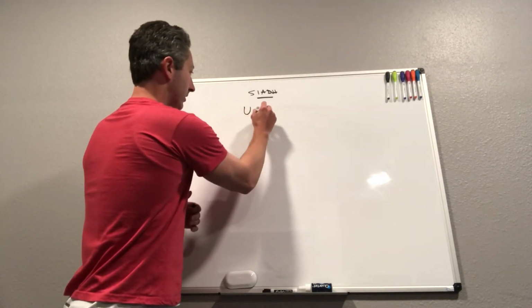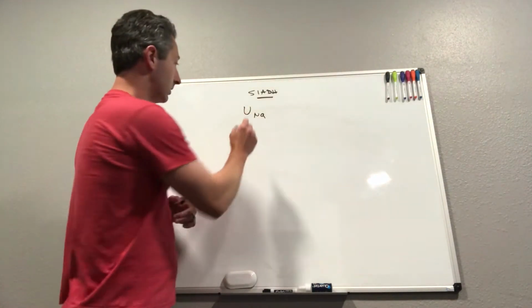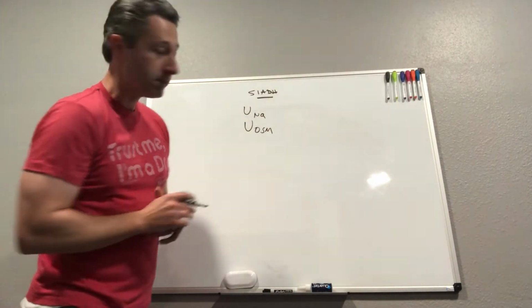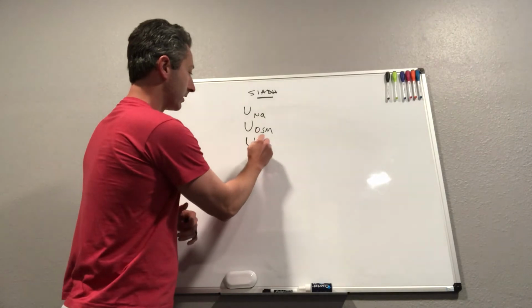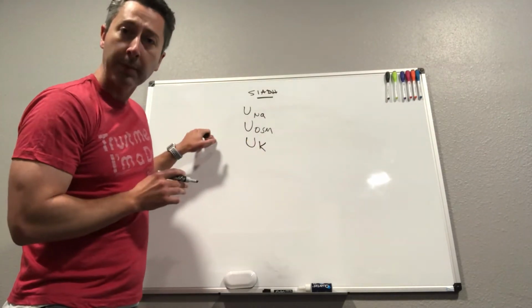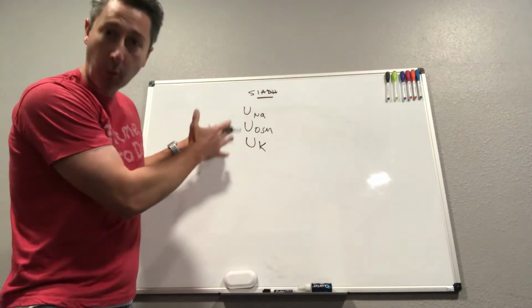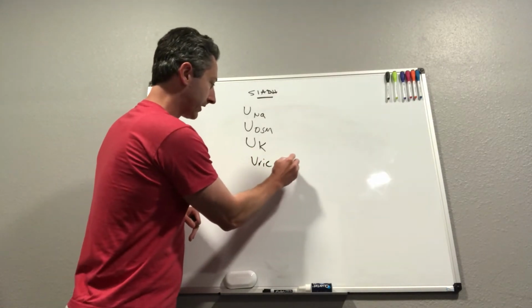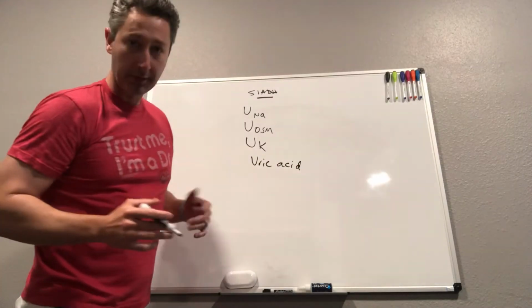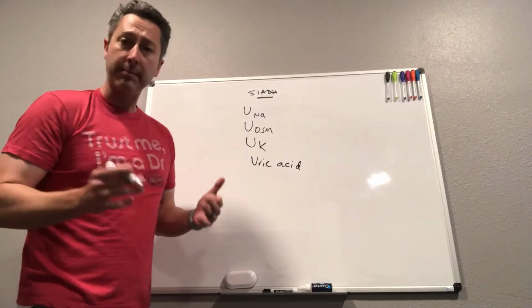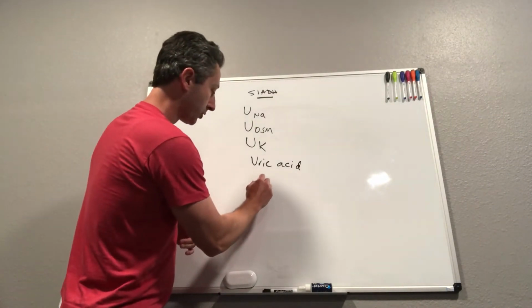So I like to get a urine sodium. I like to get a urine osmolality. I like to get a urine potassium. This is one that I don't see a lot of people getting, but I'll share with you why it's important. I like to get a uric acid level. And if it's not done, it usually is in the emergency department, I like to get a urinalysis.